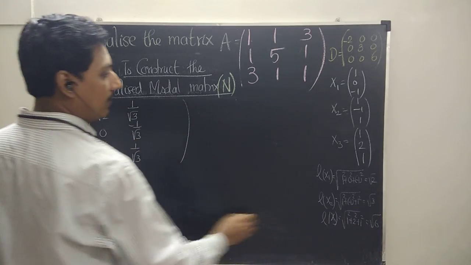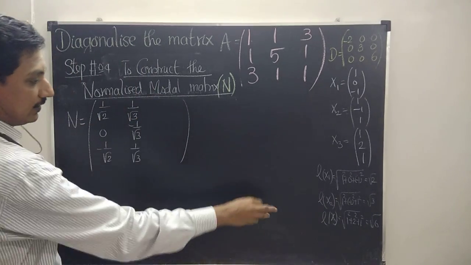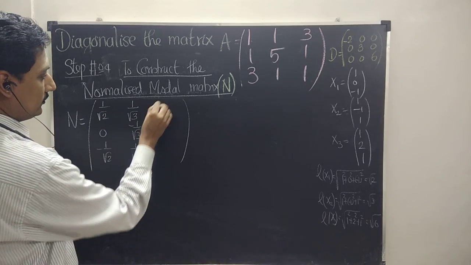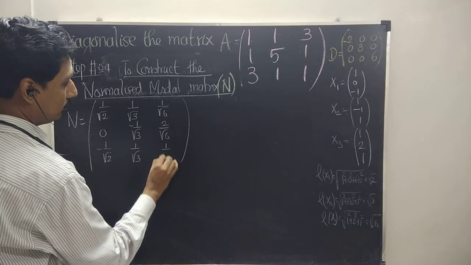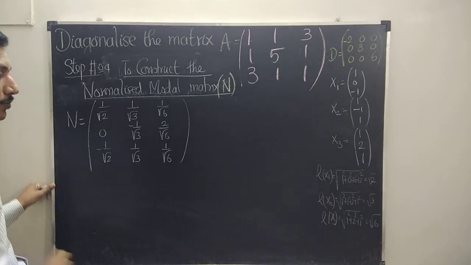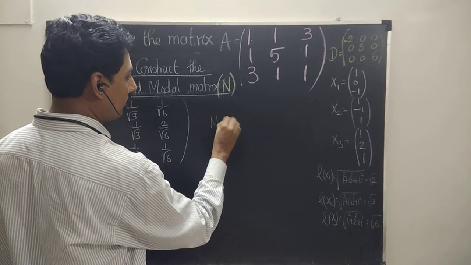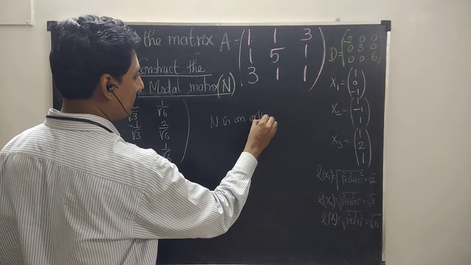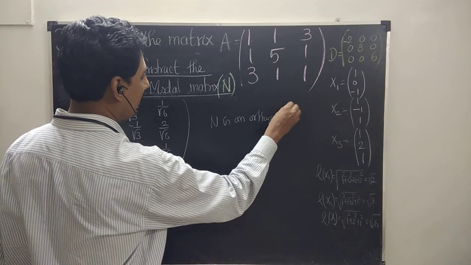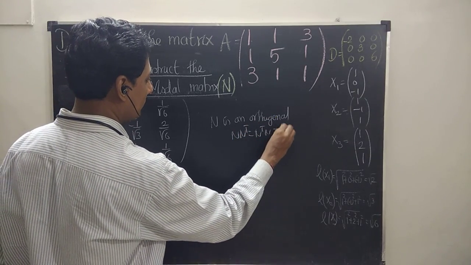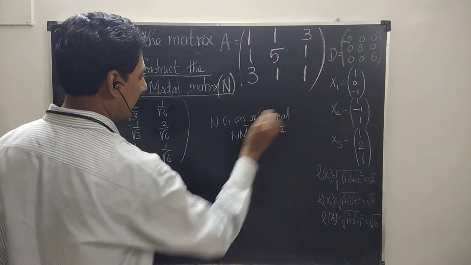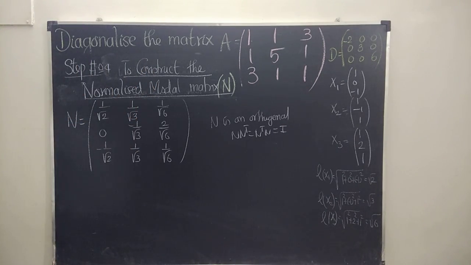And the third column is the third eigenvector divided by its length: 1 by root 6, 2 by root 6 and 1 by root 6. So this is my normalized modal matrix. Hence it is an orthogonal matrix. Very important, because once they are pairwise orthogonal, obviously it is an orthogonal matrix: N transpose N equal to I. So this is step number 4.